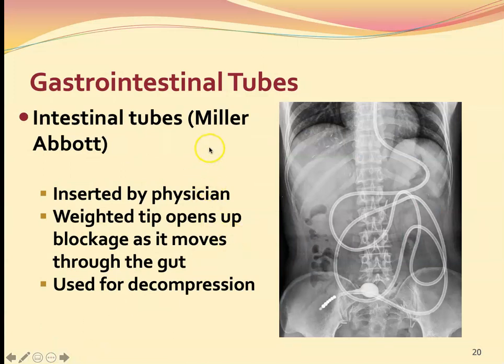Then there's the Miller-Abbott. I haven't seen this yet in the hospital, but it is inserted by a physician. The weighted tip opens up blockage as it moves through the gut and can also be used for decompression. Yeah, like right there.